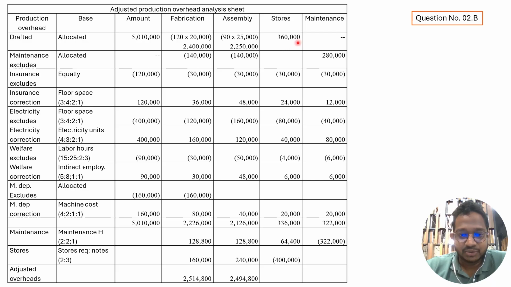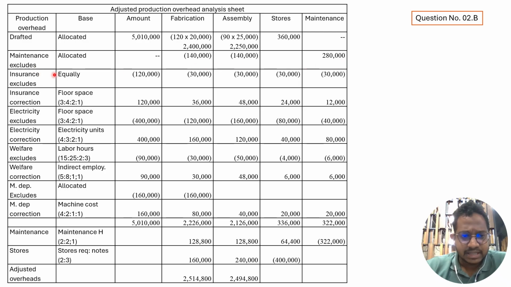So you can identify that here for the stores as well. And what they did, the maintenance department drafted overhead, they divided between fabrication and assembly equally. So you have to exclude 140,000 from fabrication and assembly, and then identify the drafted maintenance overheads for the maintenance department.